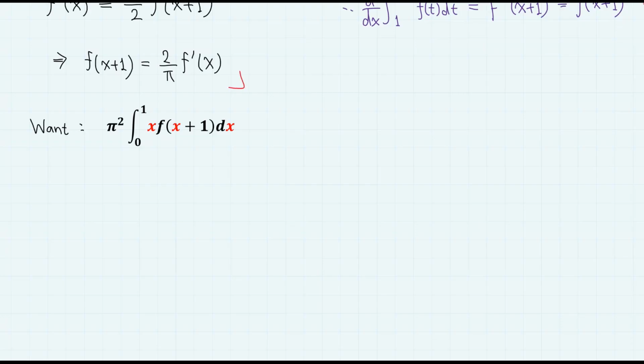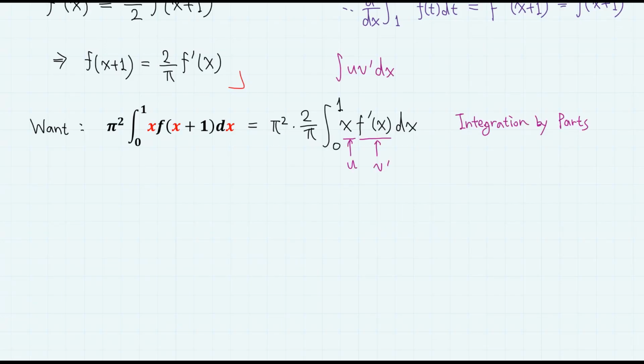And we can use this to change the integral that we have to evaluate. So this integral changes to pi squared times, now we have additional constant 2 over pi, then integral of x and f prime of x dx from 0 to 1. Here we use integration by parts with u as x and v prime as f prime of x.